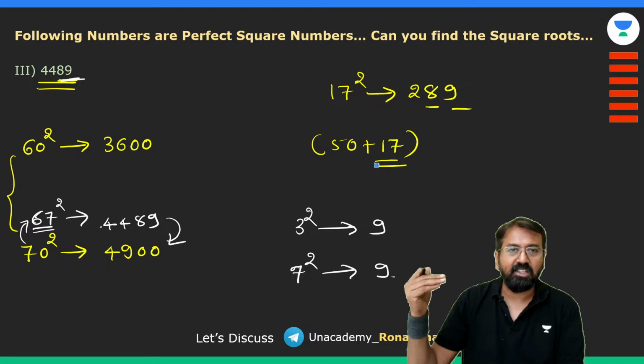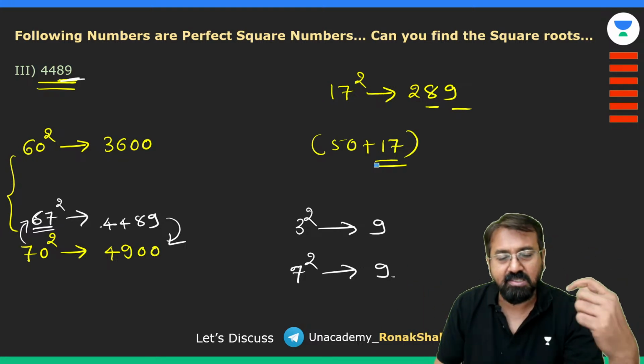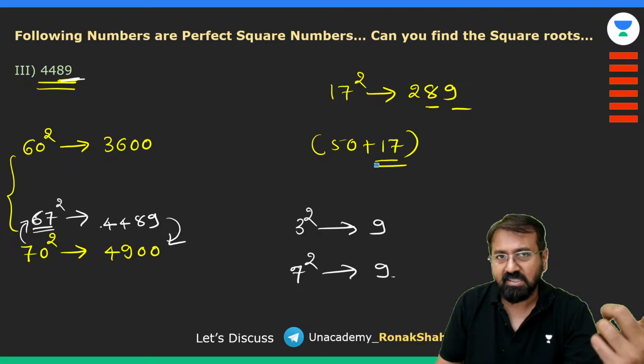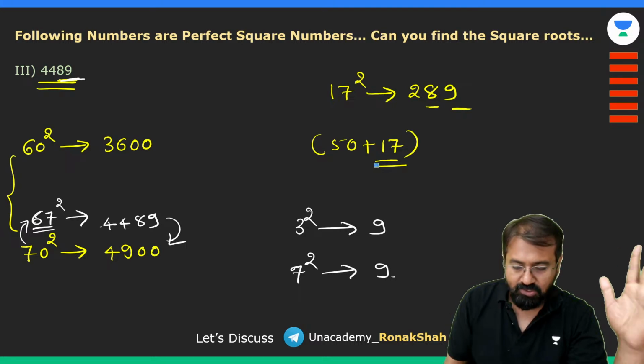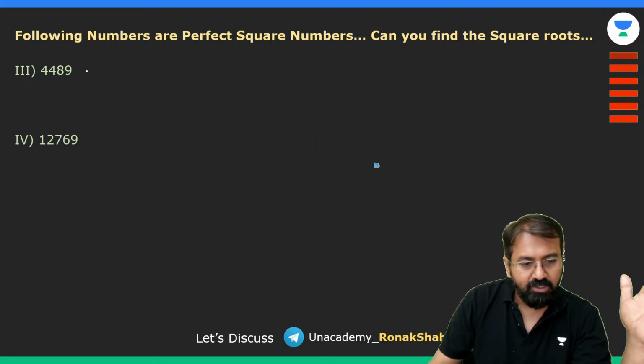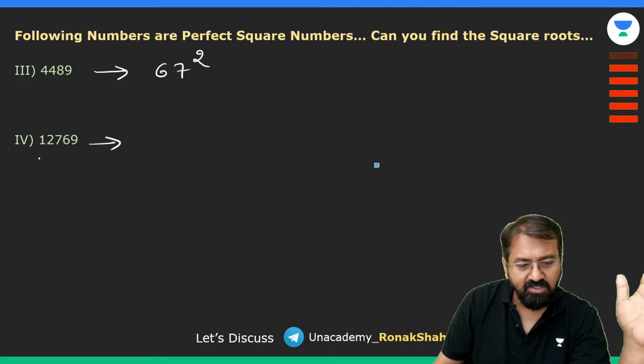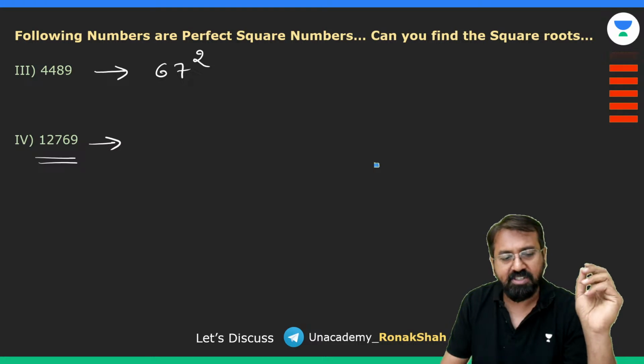So instead of 63, you can pick 67 because there are only two possibilities. The number can be either 63 square or 67 square. Did you get this point, guys? Awesome. Sure. So this will be 67 square. Similarly, guys, can you make out this one, 12769?